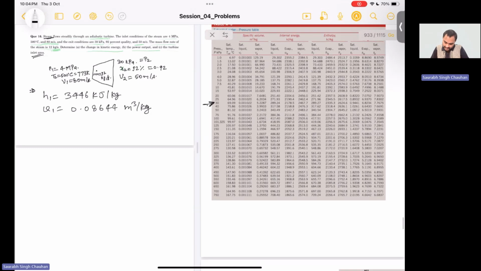So at outlet, H2 will be HF plus X into HFG, because it is in the saturation region.